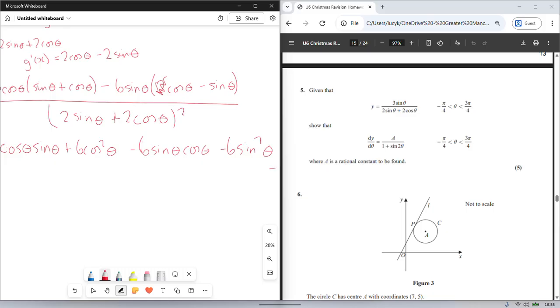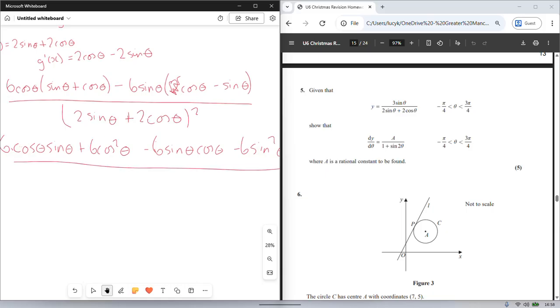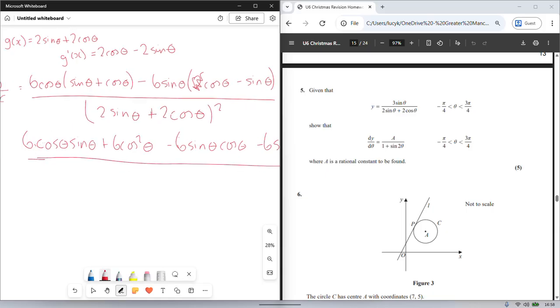And again, that's all still over 2 sine theta plus 2 cos theta all squared.